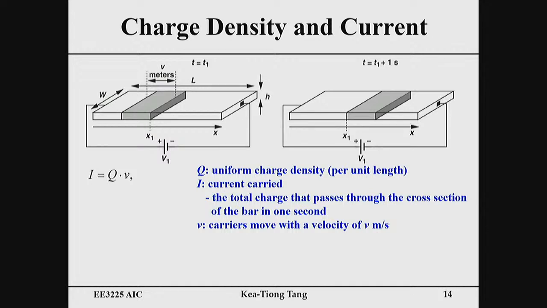Okay, so what is Q? Anyway, Q we know. What is v? v is equal to mobility times the electric field. This is the definition for the carriers. I think you learned this in the microelectronics class. v is equal to mobility times the electric field.